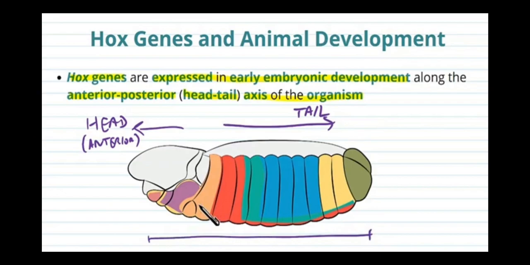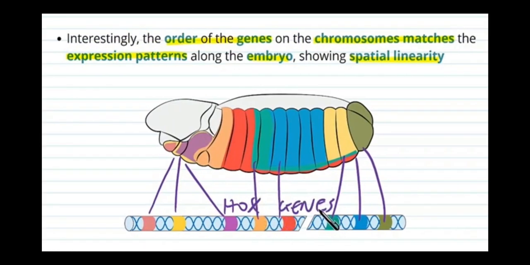The Hox genes are expressed in early embryonic development along the anterior posterior axis of the organism. You can see the chromosome where Hox genes are present, and these Hox genes are responsible for specification in the growing embryo.